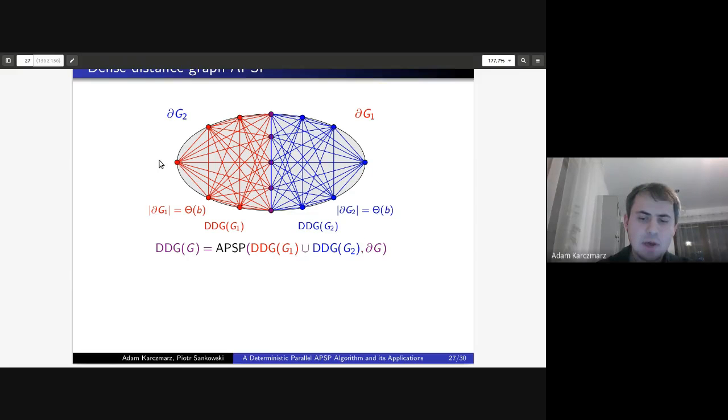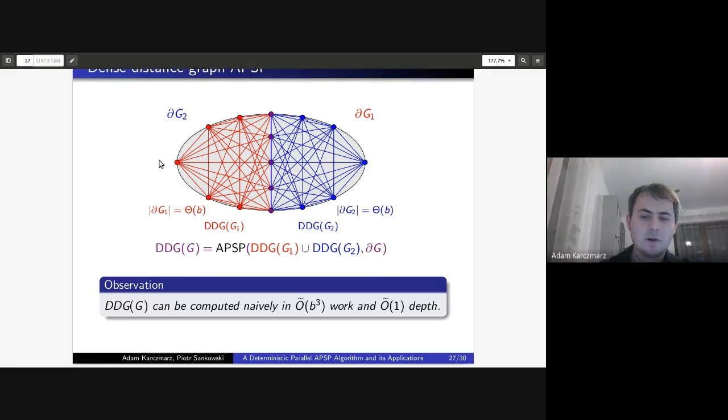Assume we already know the APSP between the boundary vertices of G1 and, separately, of G2. In other words, we are given dense distance graphs of both G1 and G2. Then the DDG of the entire G can be computed by running any APSP algorithm on the union of the respective DDGs of G1 and G2.